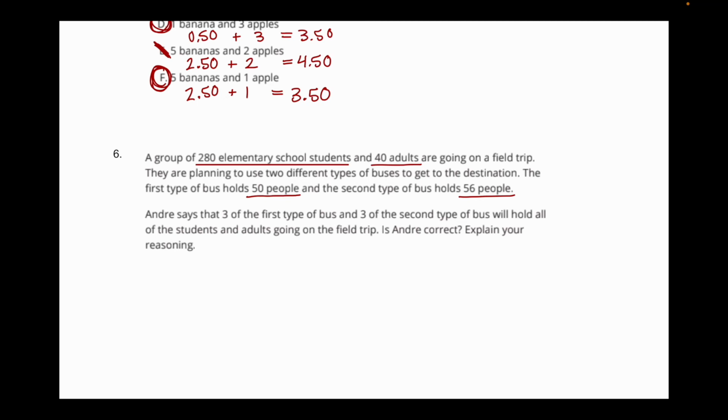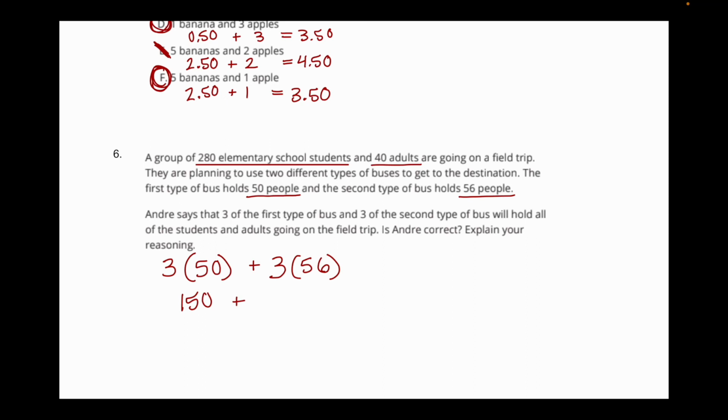So if he had 3 of the first type of bus, that is going to be 50 and 50 and 50, or 3 times 50. And if we had 3 of the second type of bus, that would be 56 people in each one. So 3 times 50, that's 150.